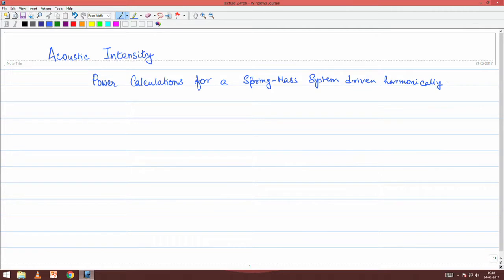Okay. So, the problem is the following: you have a spring of stiffness K connected with a mass M, and x is the displacement of the mass. It is driven by a harmonic force which, as we know, can be qualified as f e to the power I omega t.